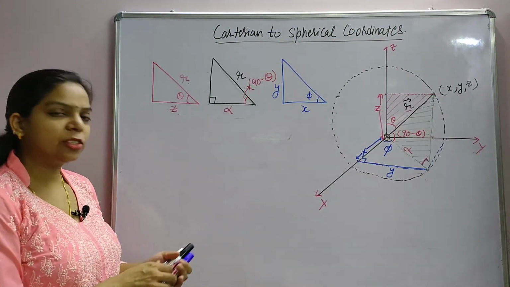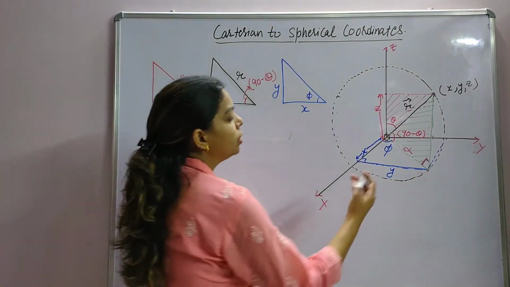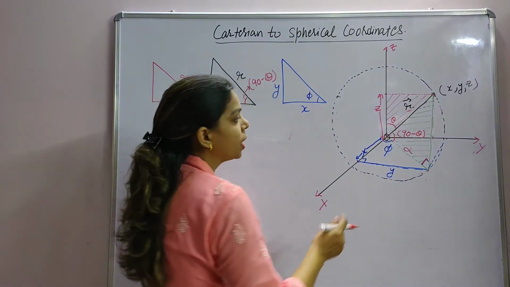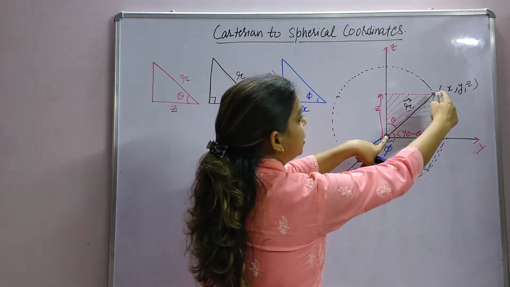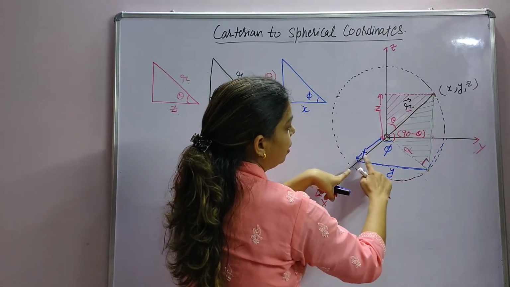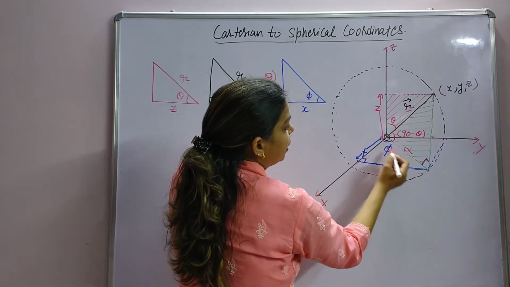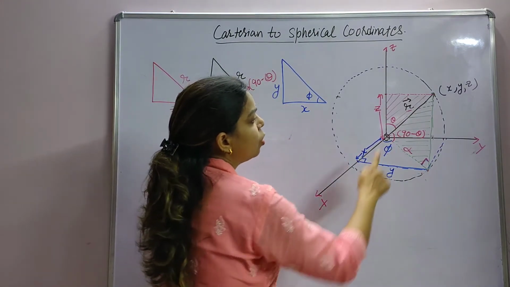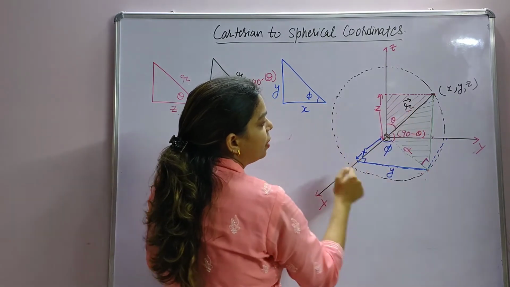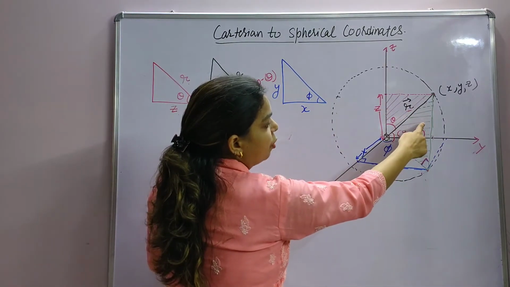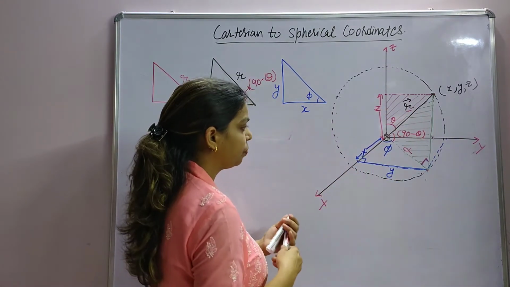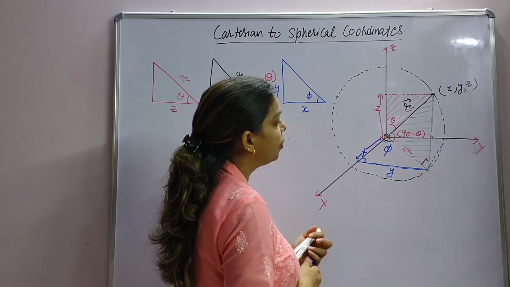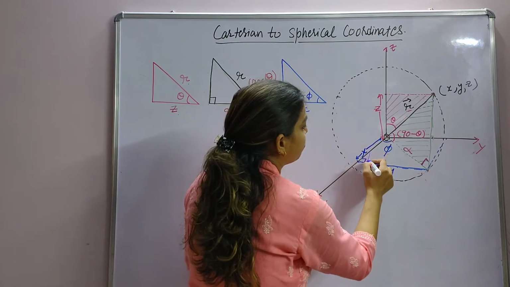Let's see this picture clearly. The position vector is making angle theta with the z-axis. The projection of this position vector is on the xy plane, and it makes angle phi with the x-axis. So we have to consider only these three triangles which I have marked in red, green and blue.